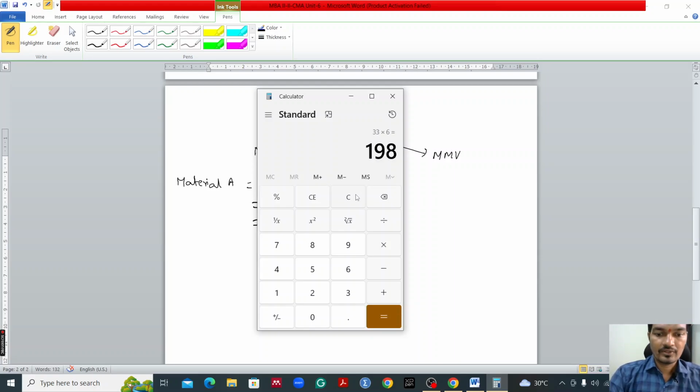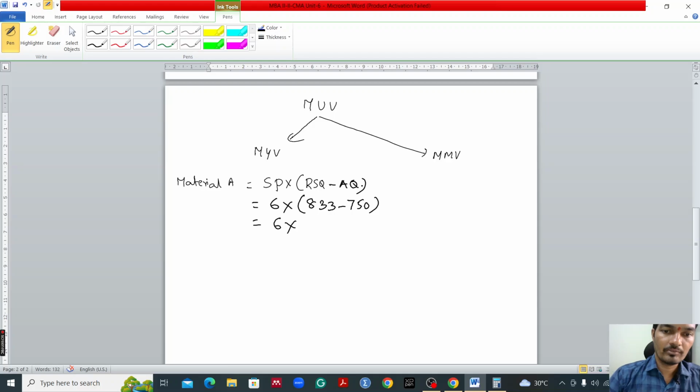Yeah. So according to the formula, we should take the standard quantity.